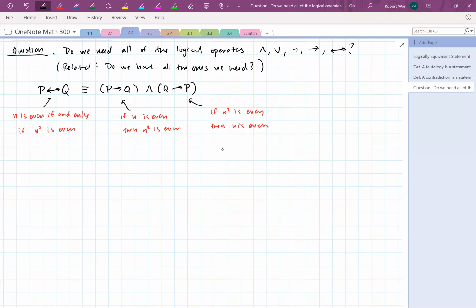So I don't need the biconditional. I don't need if and only if. On the other hand, we use statements like if and only if so often that it's useful to have this logical operator to express this longer one, just because it's a more compact notation.